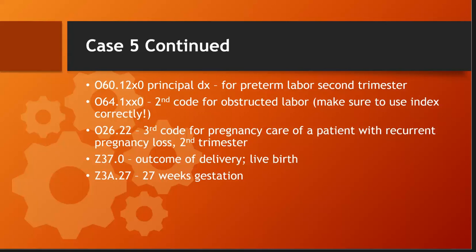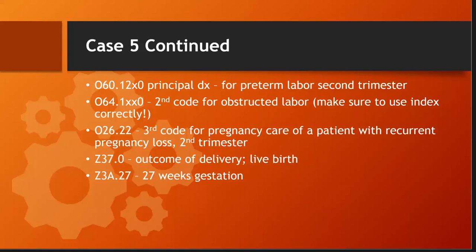We also want to reflect that she has had recurrent miscarriages or recurrent loss of pregnancy. The code for that is O26.22, and before we do that, we also need to code her obstructed labor. Because this woman has a child that is in a breech presentation, the code for the obstructed labor is O64.1XX0.